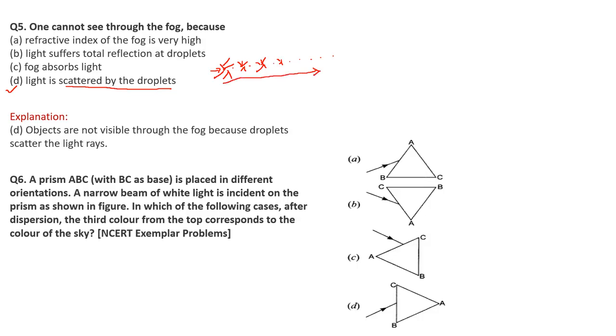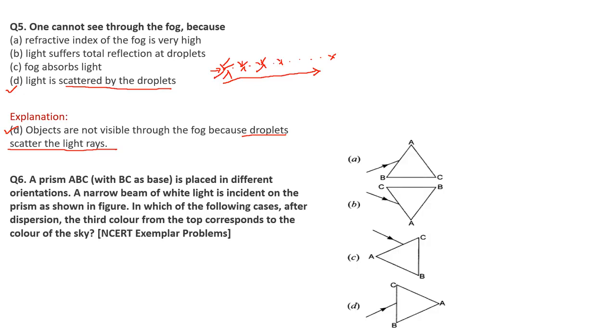While scattering, it is losing its intensity. So by the time it comes to the last point, it has totally lost its intensity, and because of that, you cannot see the light, because the light is scattered completely. So D is the right answer. Objects are not visible through the fog because droplets scatter the light rays completely.